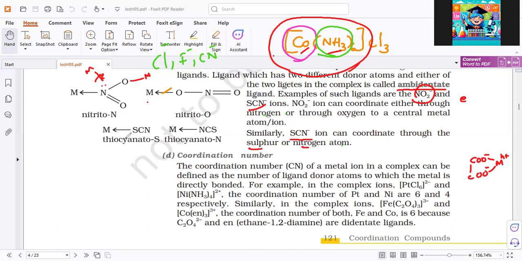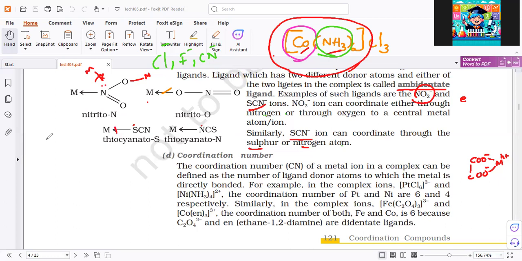But if sulfur is used for bonding to a metal, then nitrogen is not used. So either sulfur or nitrogen can be useful in forming the ligand metal bond at a particular time.